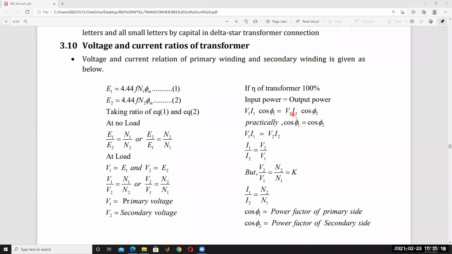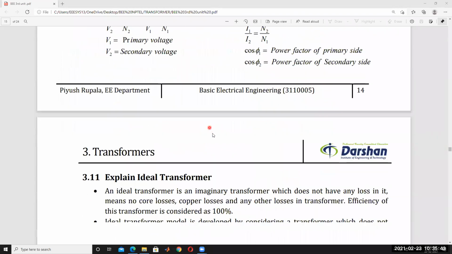If we decrease the voltage on the secondary side, the current increases. So one is increasing means the other is decreasing, and the resultant product of V and I is constant. That's why the transformer is called a constant power device. Input power is equal to output power. Cos phi 1 is the power factor on the primary side and cos phi 2 is the power factor on the secondary side. So this is the voltage and current ratio of the transformer.